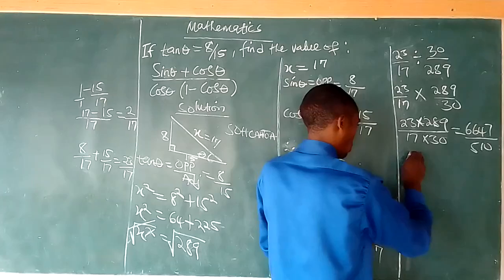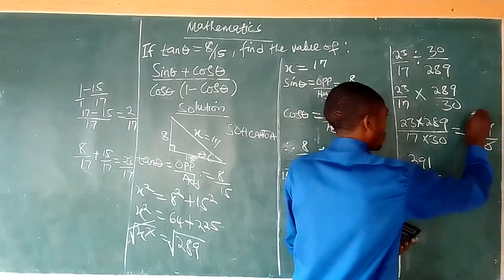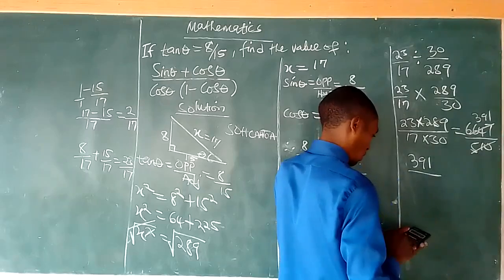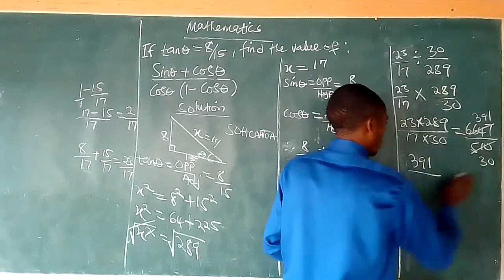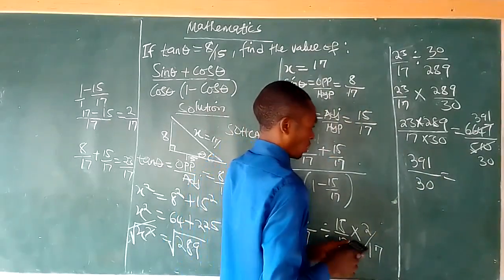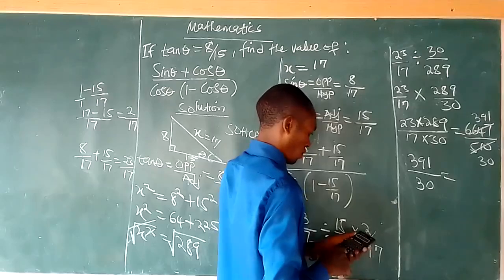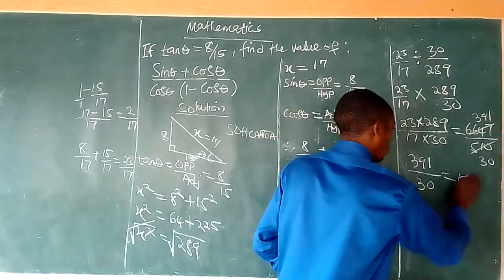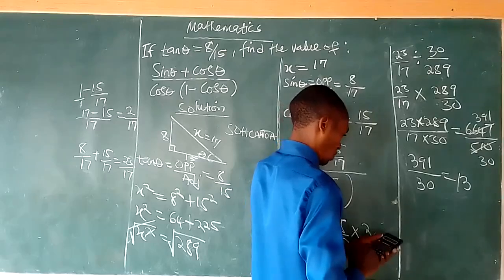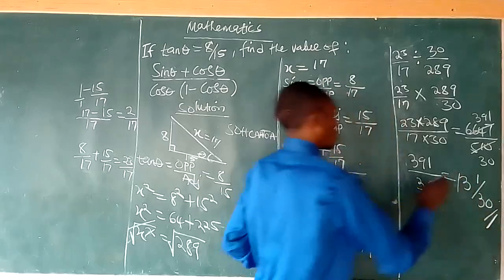So we have 391 over 30. How many 30s are in 391? That's 13 times. So we have 13 whole number and 1 over 30. This is the solution to this question.